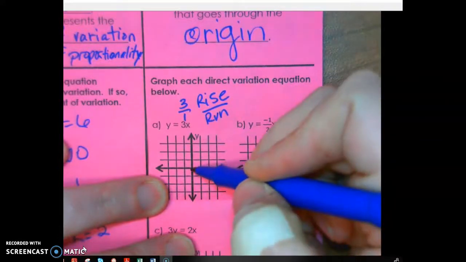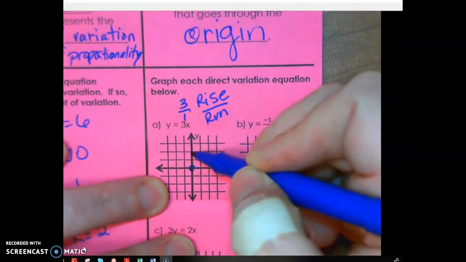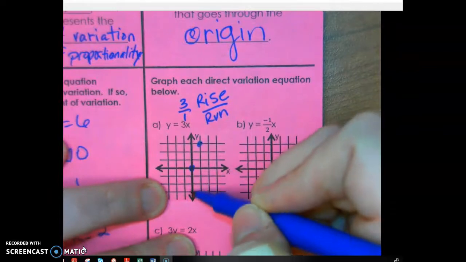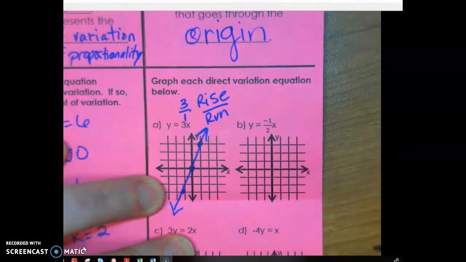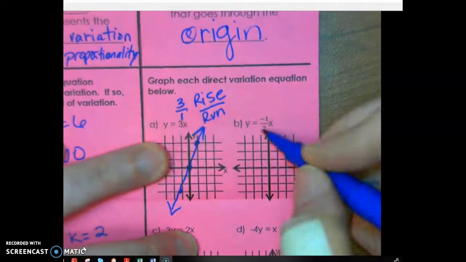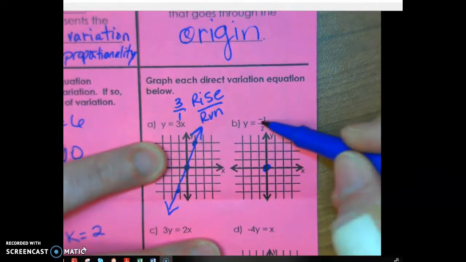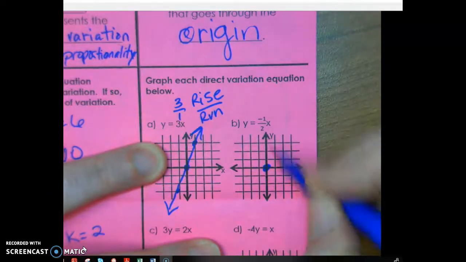It has direct variation, so that means it goes through the origin. I know one of its points is right here. Now I can rise 3, 1, 2, 3, and go over 1. Just like that. Look at this one. I can start here for the same reason. I have a rise of negative 1, I went down, and I run 2.